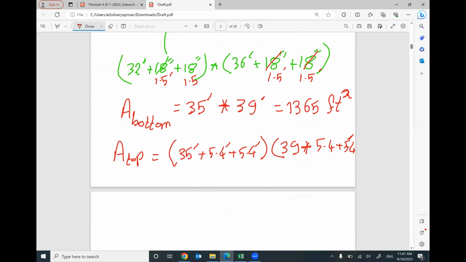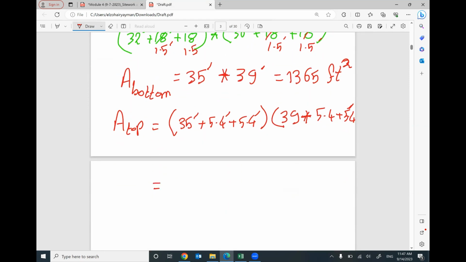That makes sense? So 5.4 twice is 10.8, so 45.8 feet times 49.8 feet. So the area at the top will be 2,280.8 square feet.